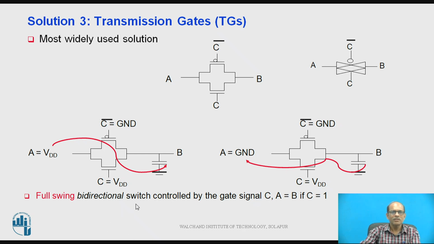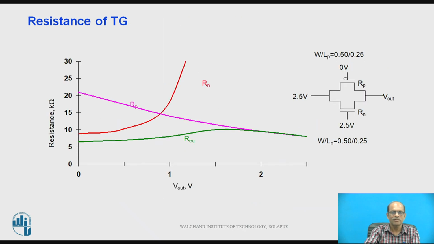So it is a full swing bidirectional switch controlled by the gate signal C, A is equal to B if C is equal to 1. Now the resistance of the transmission gate. Here PMOS and NMOS are in parallel. Let the resistance of the PMOS be RP and of the NMOS be RN.